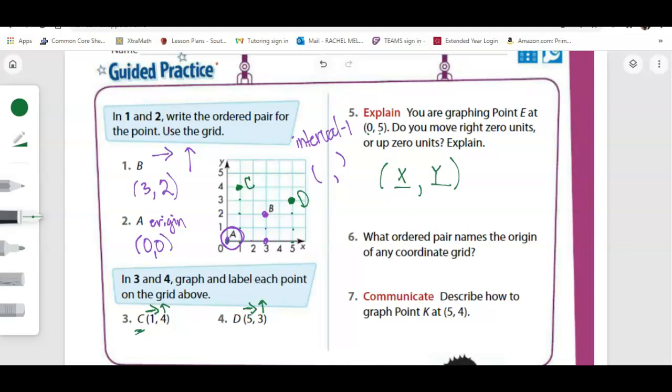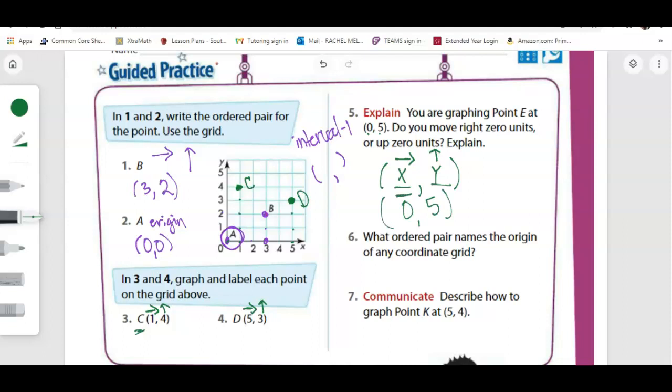The second one is our y-coordinate. Remember what we did with our arrows over here. The x-coordinate is to the right. The y-coordinate is above. They're telling me it's (0, 5).